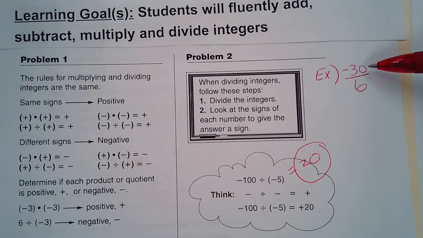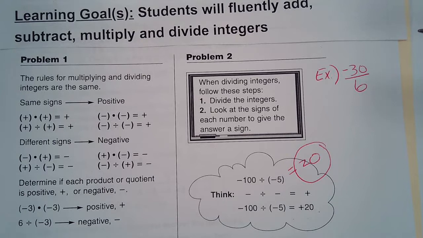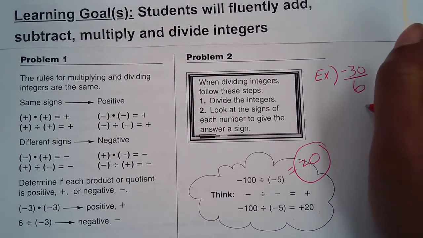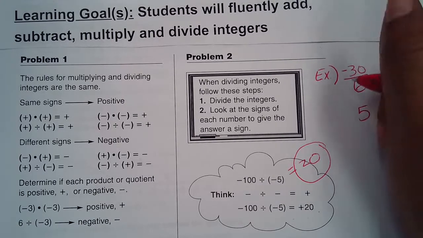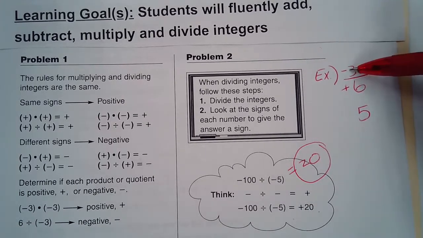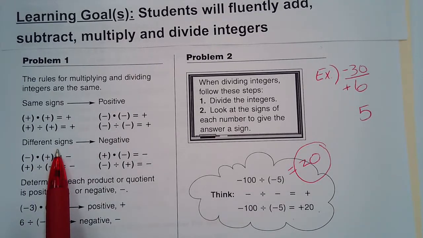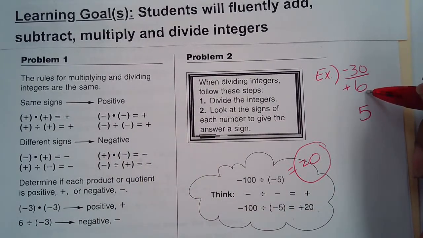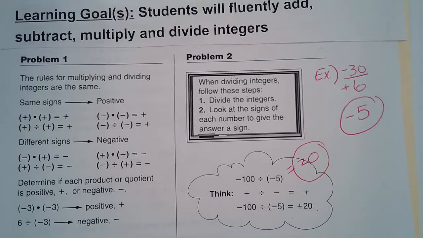Let's divide the numbers first and then refer back to our rules to see whether our answer is going to be positive or negative. So 30 divided by 6 gives us 5. And we have a negative and a positive here, which makes our signs different. Different signs means that I should come up with a negative answer. So negative 30 divided by positive 6 should be negative 5.